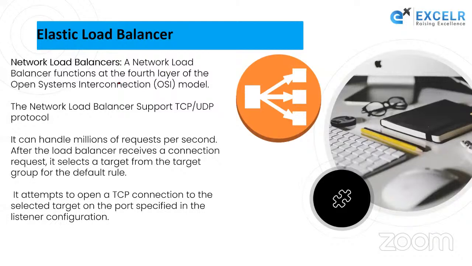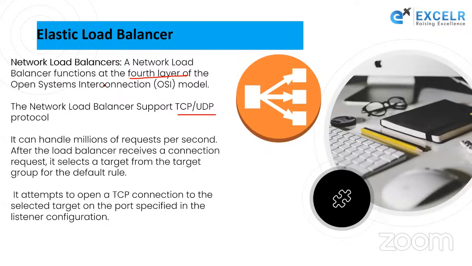Now the third is the network load balancer. Network load balancer operates at layer 4 of your OSI model, and it supports TCP/UDP protocol. So whenever we create an application load balancer, it creates a DNS endpoint for us. But when you use a network load balancer, it creates an IP address for us, not a DNS endpoint.